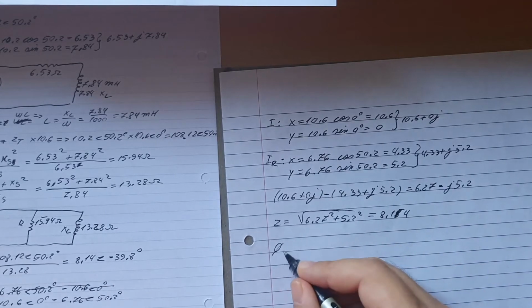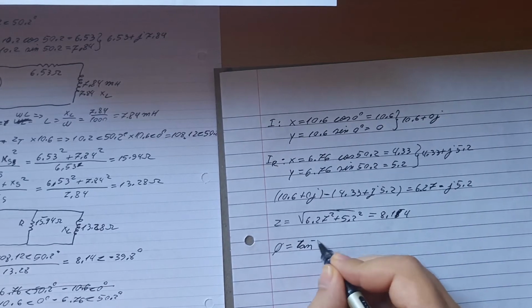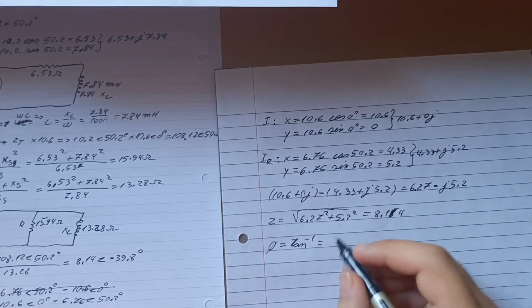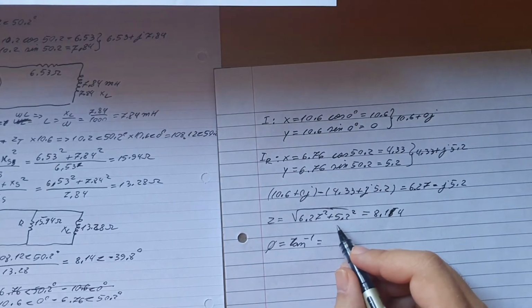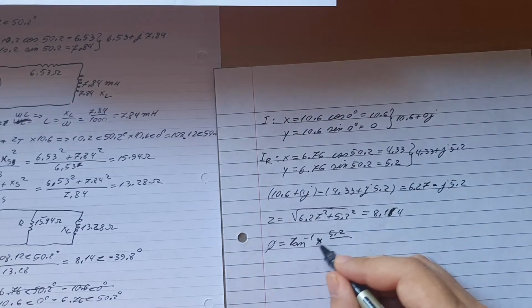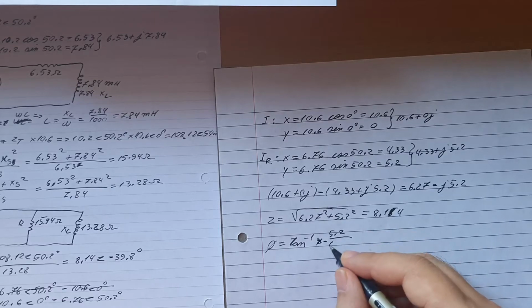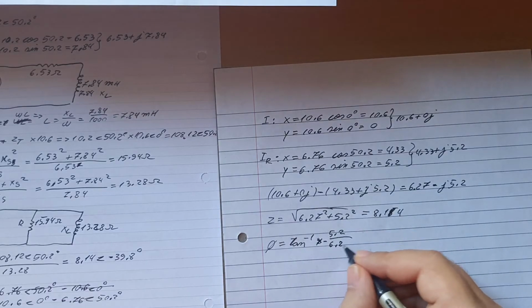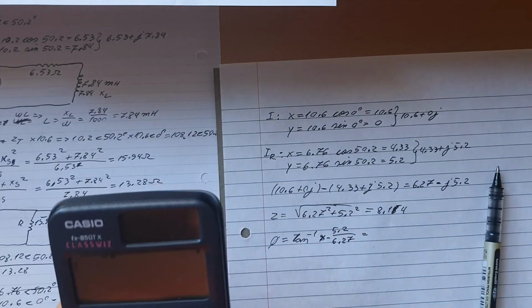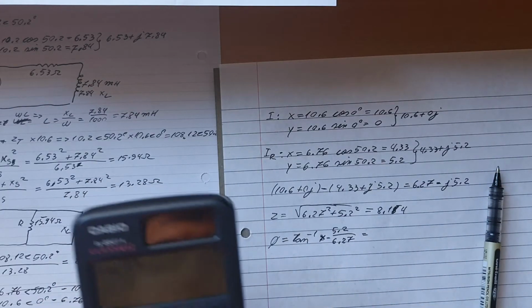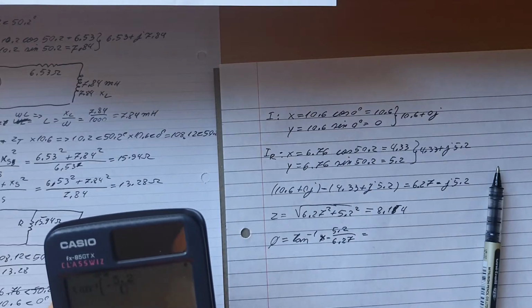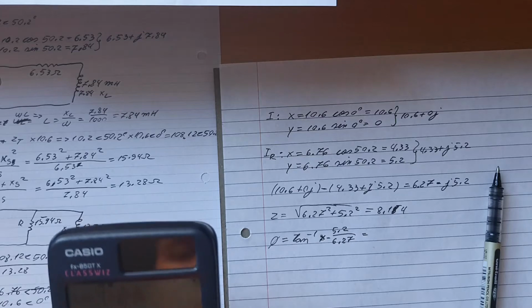And then the angle will be equal to tan to the minus 1 of minus 5.2 over 6.27.